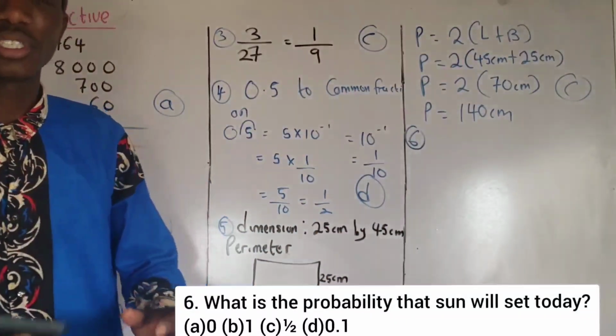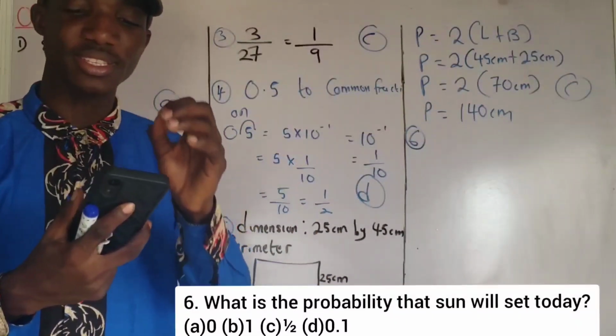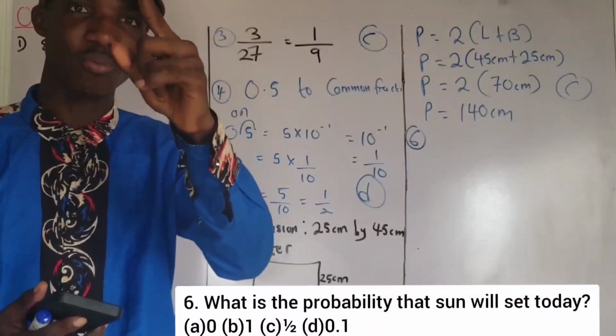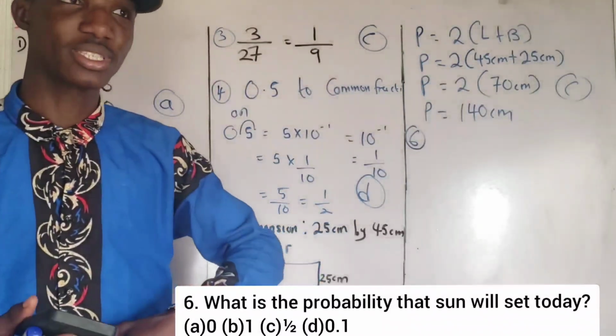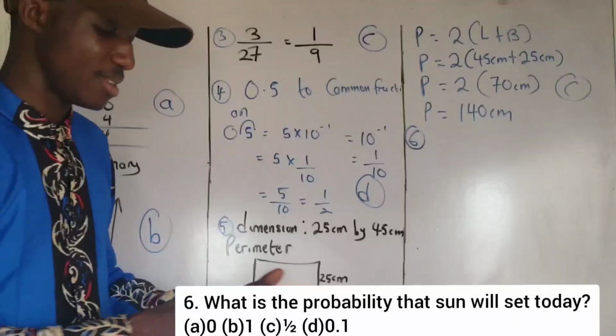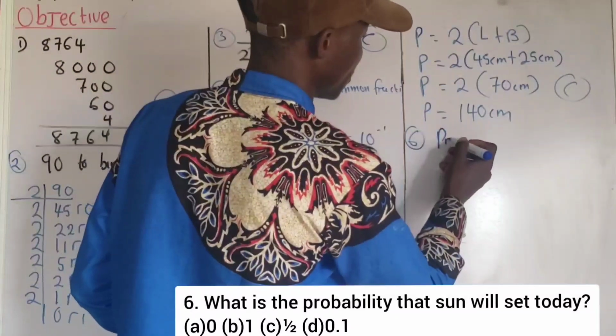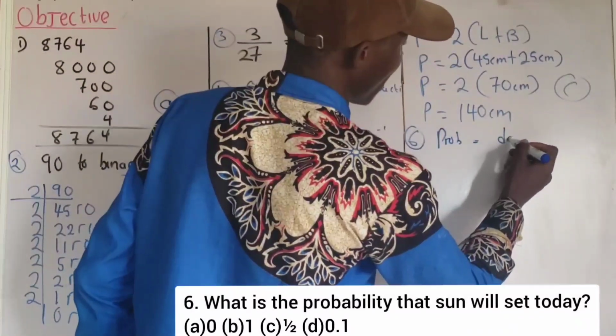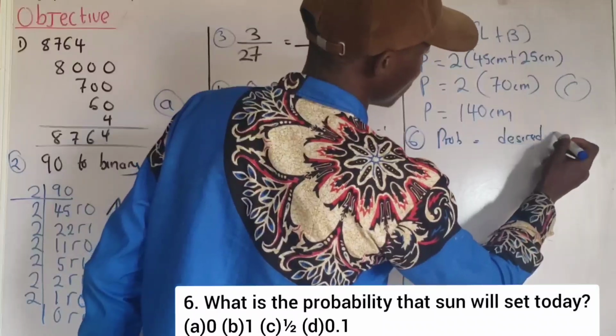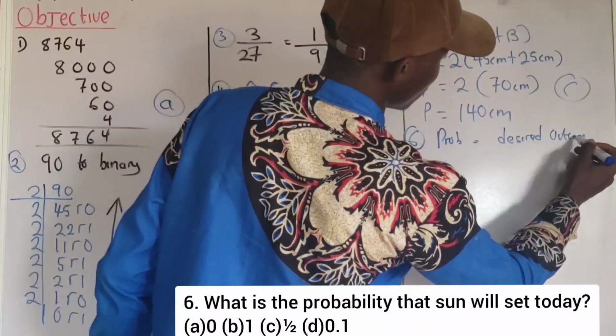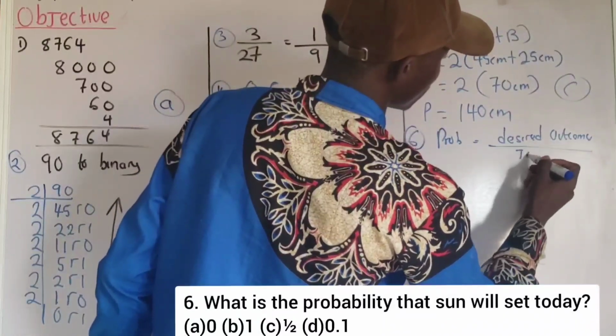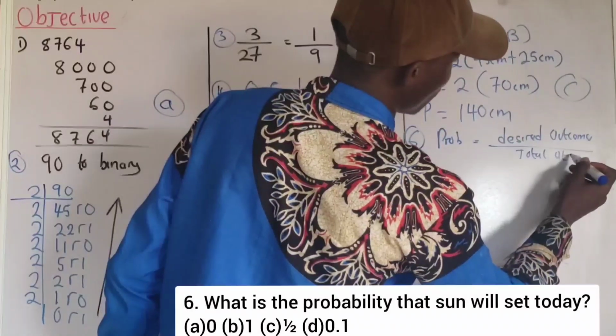But now we are asked to calculate the probability that the sun will set. That is a single outcome. That is our desired outcome. So probability is desired outcome all over total outcome.